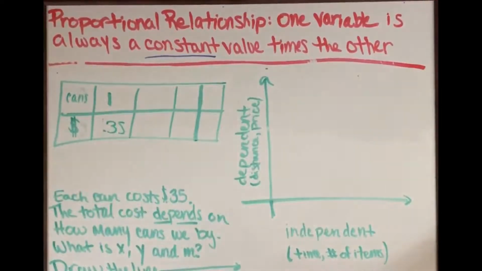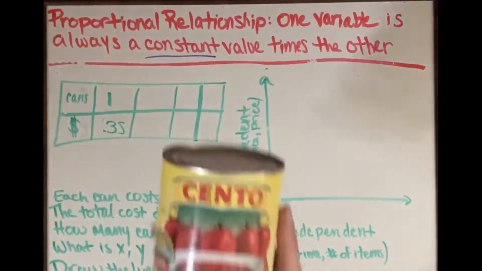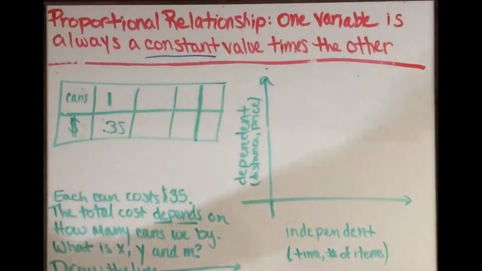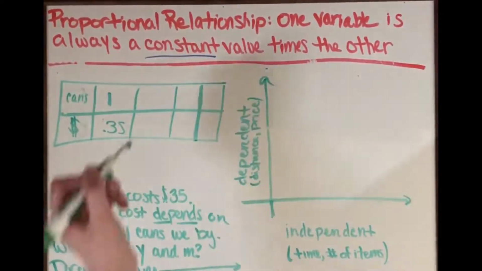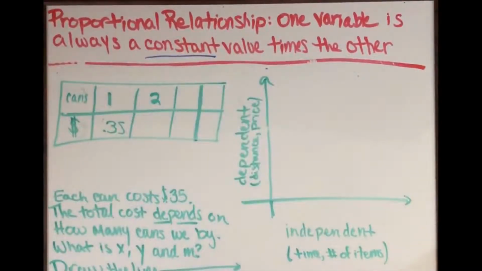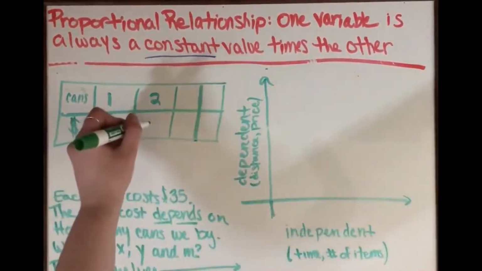But that's not reasonable because we buy more than just 1 can. So we also pick up some tomato paste. Yum. All right, so now we have pineapple and tomato paste in our cart. We have 2 cans, and so our price will be 35 cents each can, or 2 times 0.35, which will be 70 cents.